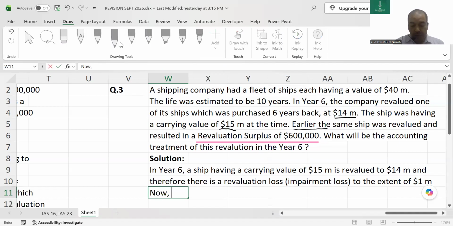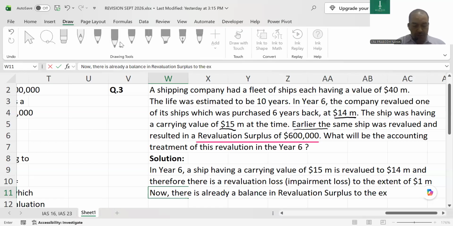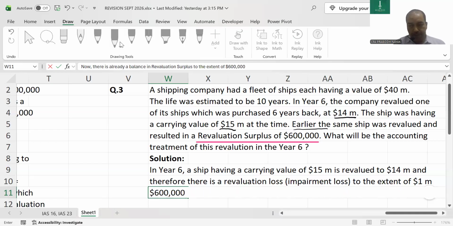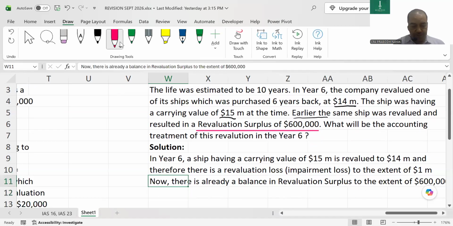Now there is already a balance in revaluation surplus to the extent of $600,000. Okay.